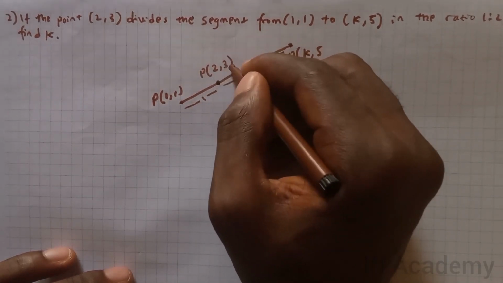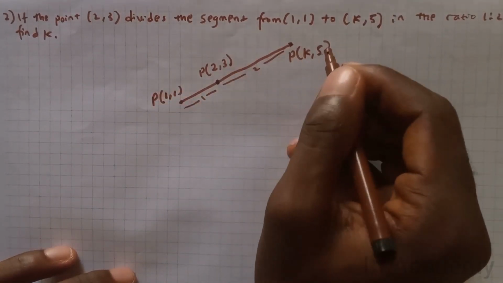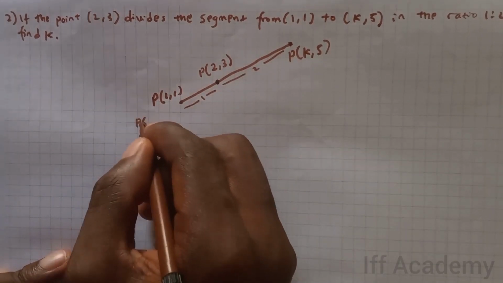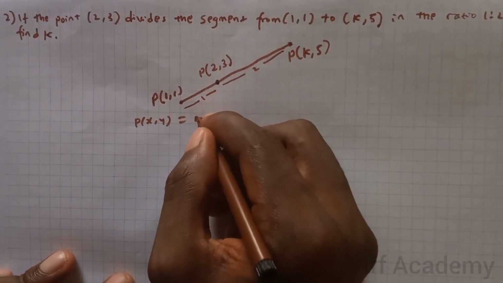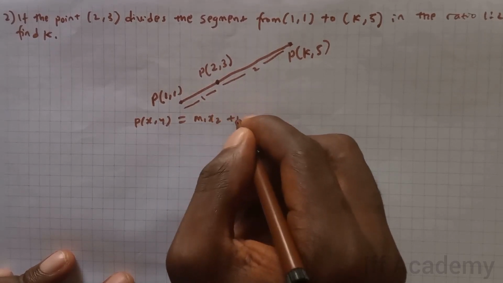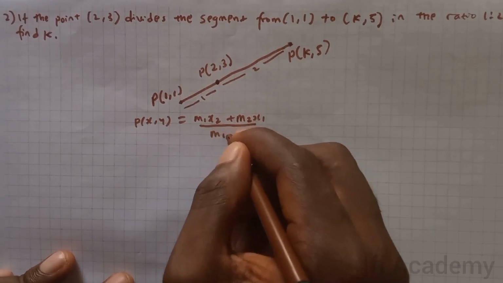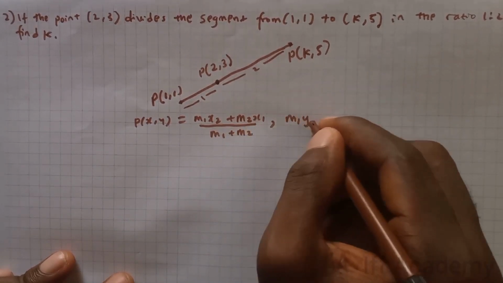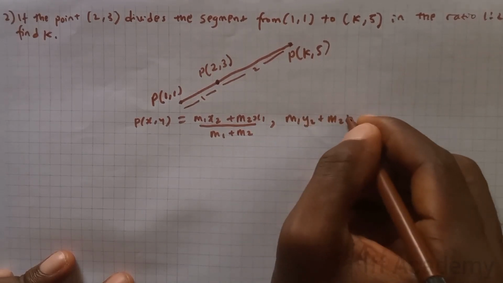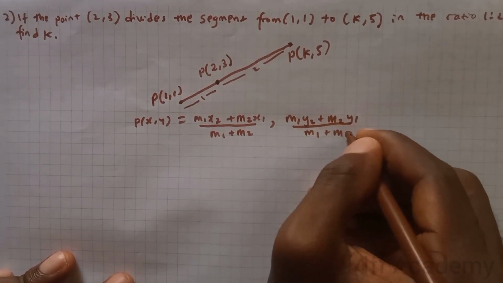Now let's write out the formula so we can get the value of k. So the formula says P(x, y) is (m1 x2 plus m2 x1) over (m1 plus m2), and (m1 y2 plus m2 y1) over (m1 plus m2).